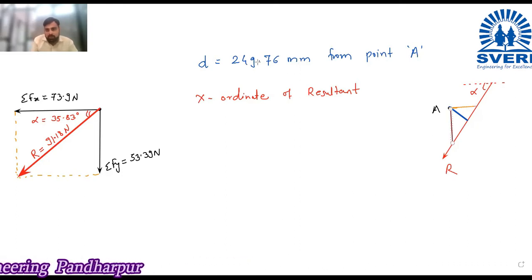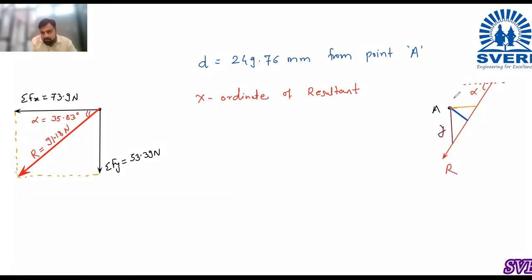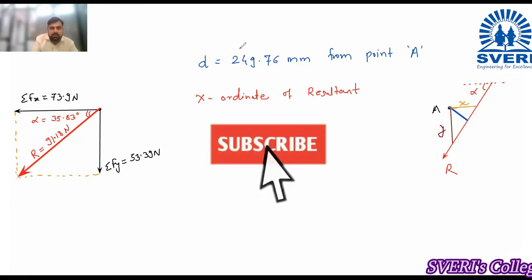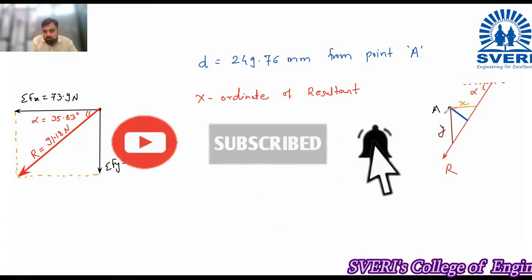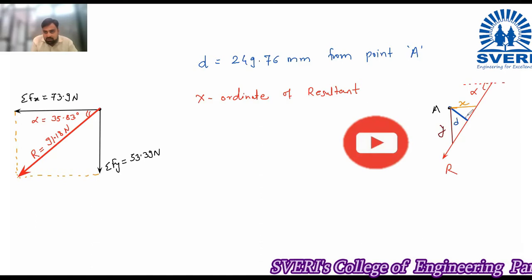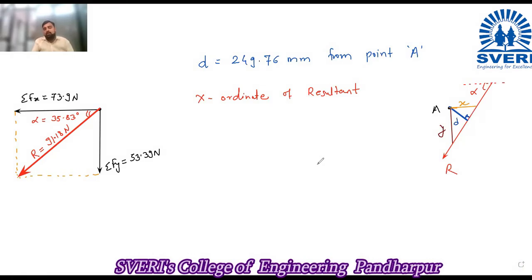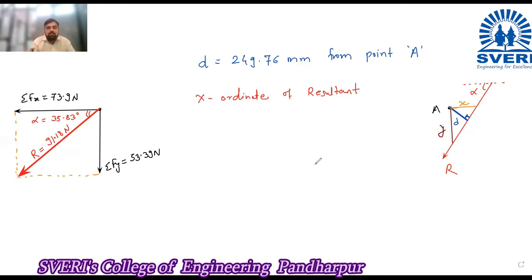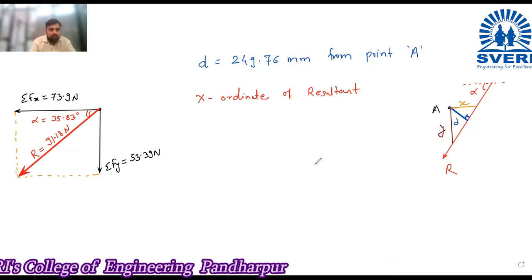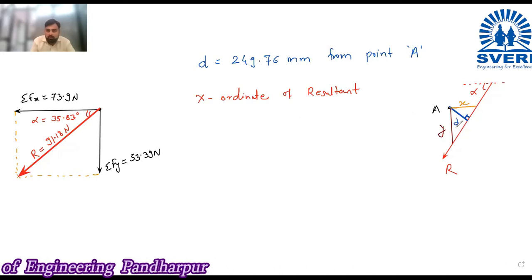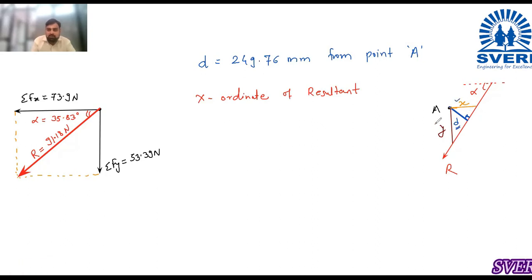So this is the y-intercept, this is the x-ordinate, that is the x-intercept, and this is the shortest distance D. This angle is 90 degrees. These three distances of the resultant we need to find out. We have already found D. Still we have to find the x-ordinate, the horizontal distance, and the y-ordinate, the vertical distance.